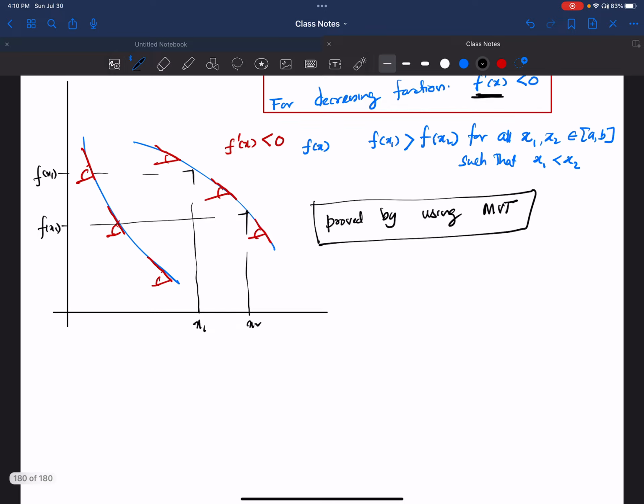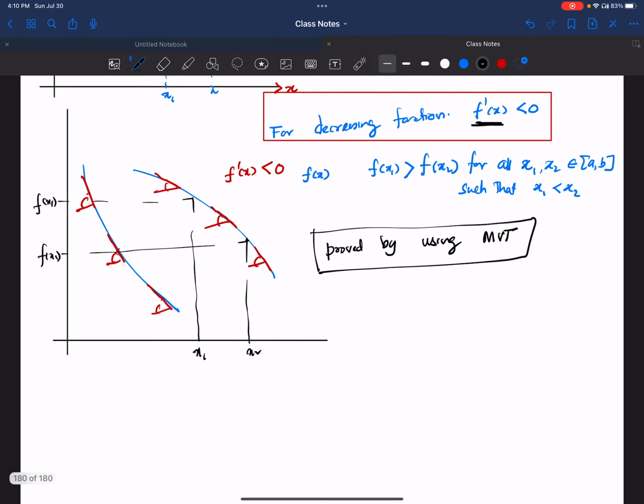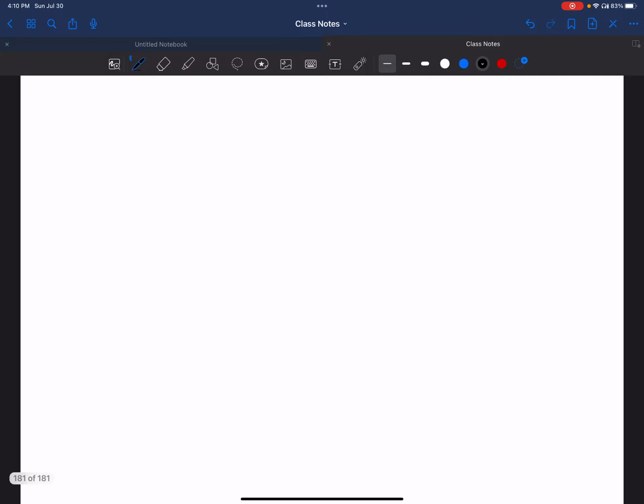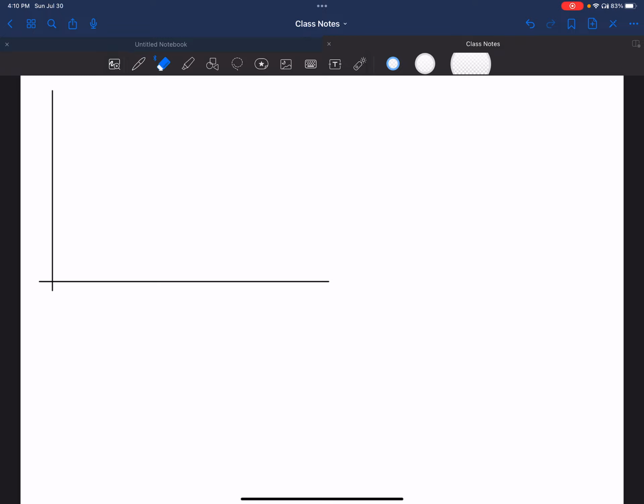And one other thing that I want to cover here is how to find whether the critical point is a minimum or maximum. So let's say you have a minimum. At a minimum, we can draw a function like that.